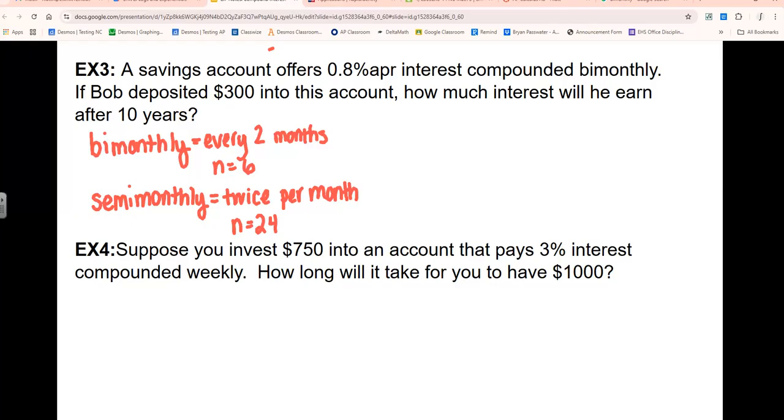There's a good chance if I put one of these on your test, I will put in parentheses every 2 months or parentheses twice per month there so that you know what it is. Okay, so we are doing bi-monthly, so we don't really need that semi-monthly. I'm just writing it down so we remember that that is a thing and those are different. Yeah, every 2 months.